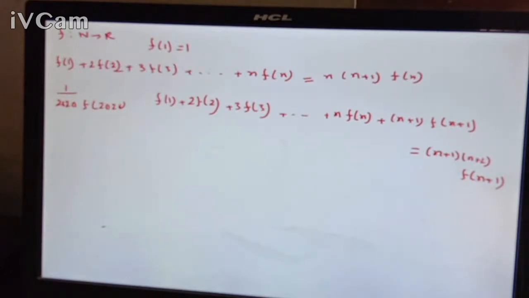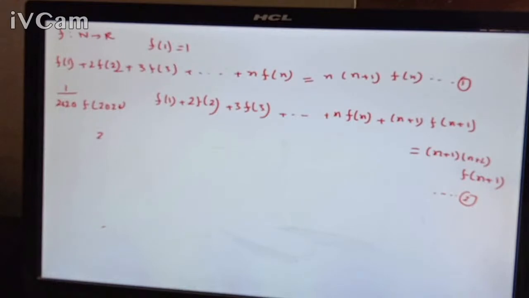I think all of you have got this point. Let this be equation 2 and the given portion be equation 1.